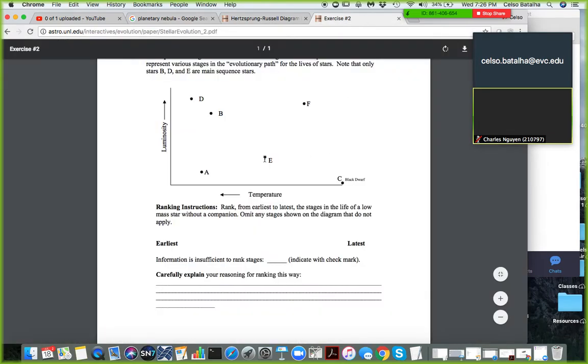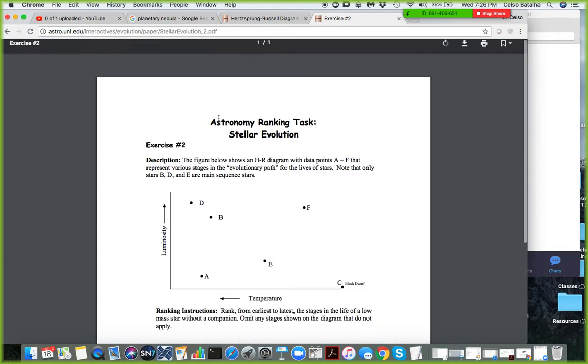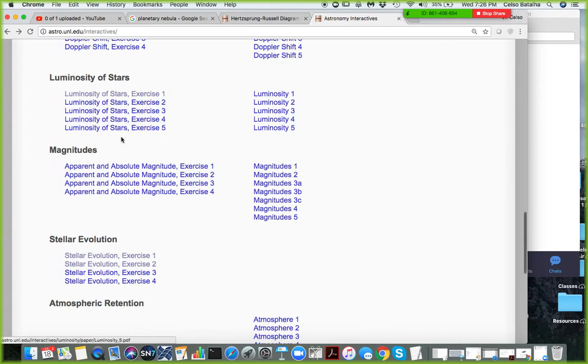So I would say E, maybe F becomes a giant, and then planetary nebula, and A is a white dwarf, and then C is a black dwarf when this white dwarf no longer radiates anything. So I would say E, F, A, and C. And B and D, I'm assuming they are high mass stars. They are not low mass stars. We need the numbers there.